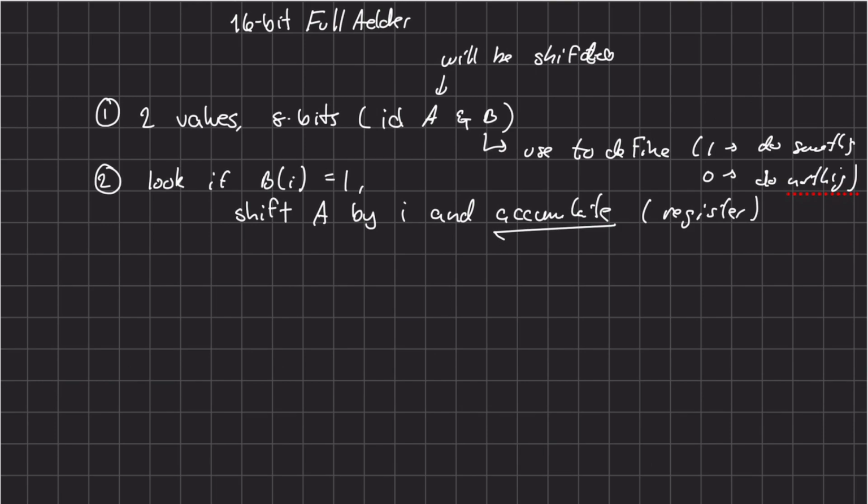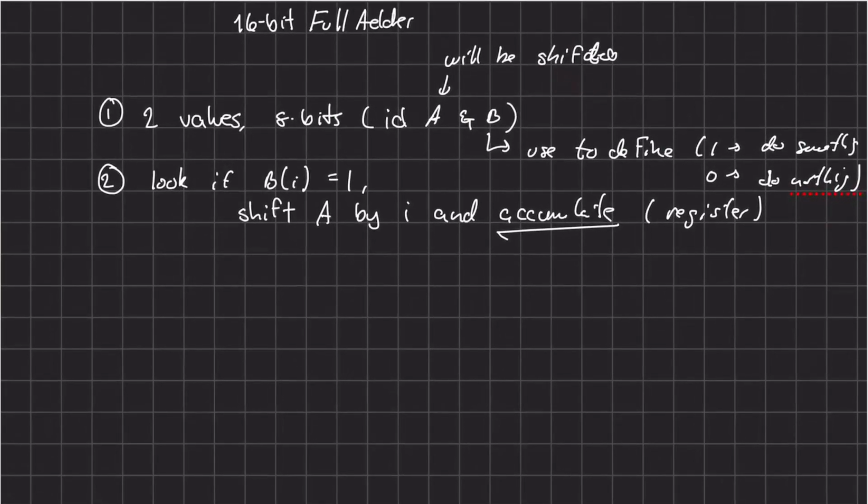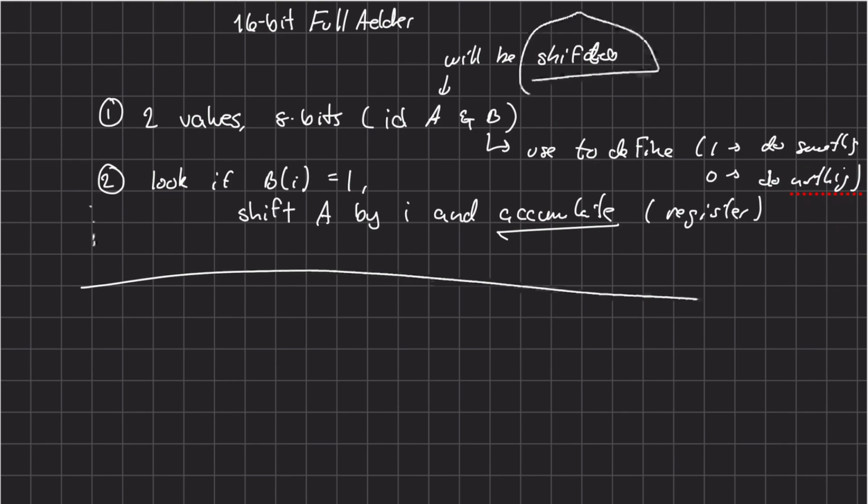I will need first something that will give me the opportunity to shift A. Okay, and there is another step here, but I will tackle this problem first, the shift register.